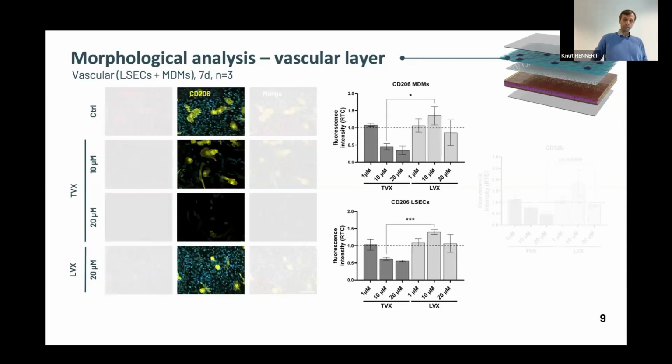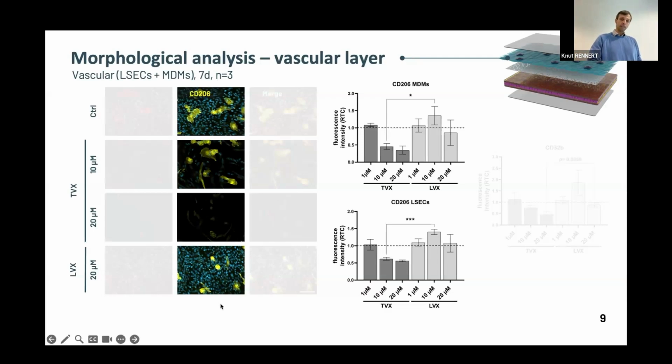The second marker we analyzed was CD206, also known as mannose receptor. Macrophages as well as the liver sinusoidal endothelial cells express it, but they can be easily separated in the analysis. With increasing concentrations of trovafloxacin, you see a decrease in signal intensity for the macrophages.